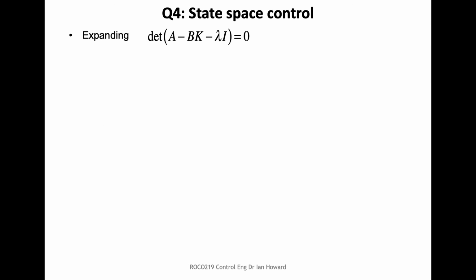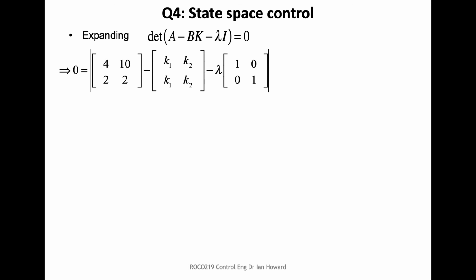Next thing to do, we've got to solve this equation now for K. So we have to put in the values that we've got for A, put in the values we've got for BK and lambda I. Like I said, I is the identity matrix. So we stick them all together. I'm now using these vertical lines to represent the determinant. And we just evaluate this.